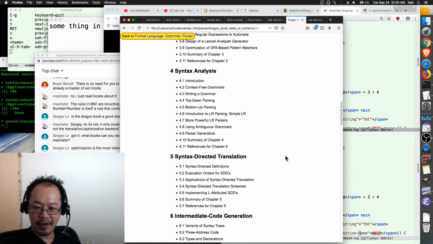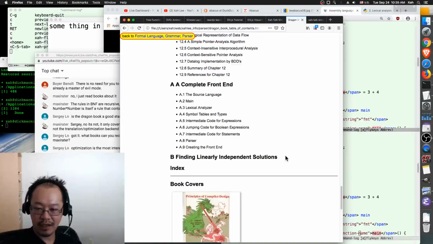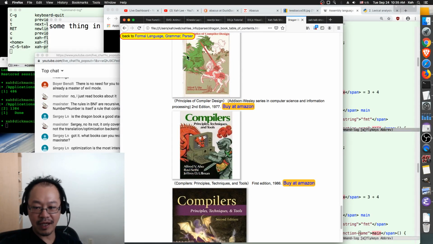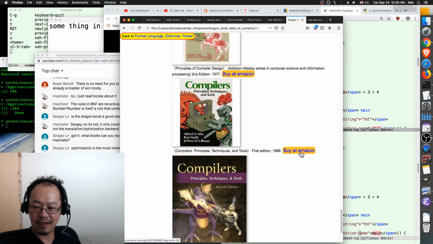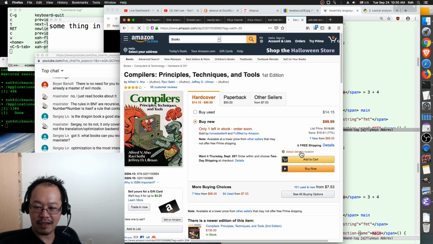So here's the table of contents of that book. You can actually buy an early version, like this version. Okay, it's from 1986. How much? Okay, used for $14.